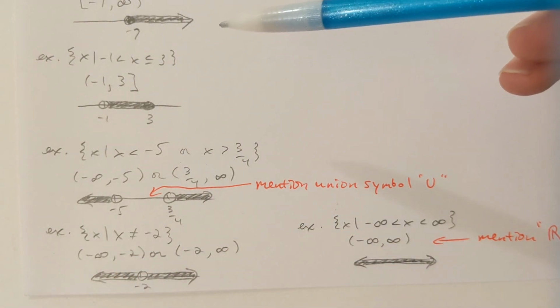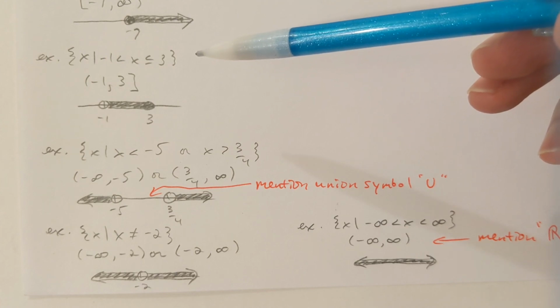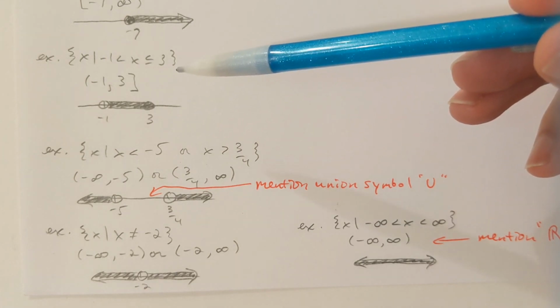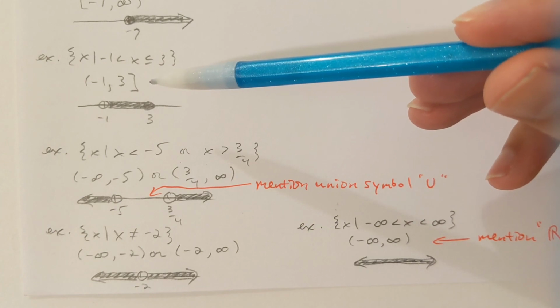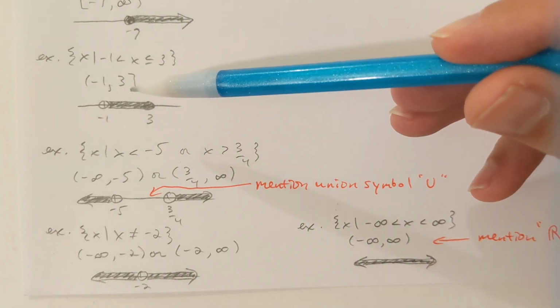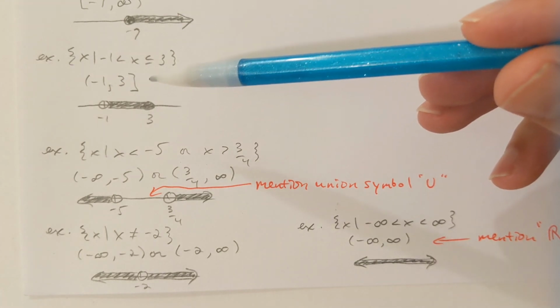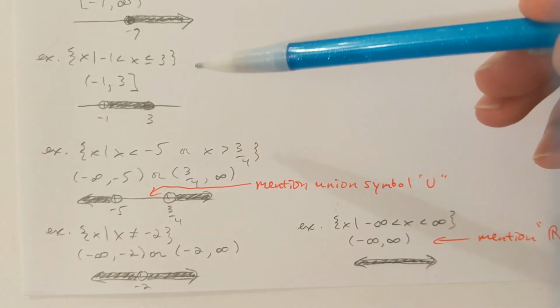The next one, the set of all x such that x is between negative 1 and 3. So negative 1 to 3 would be my answer as an interval. I'd want a bracket by 3 and a parentheses by negative 1. Since I'm including 3, I'd want a bracket by 3.